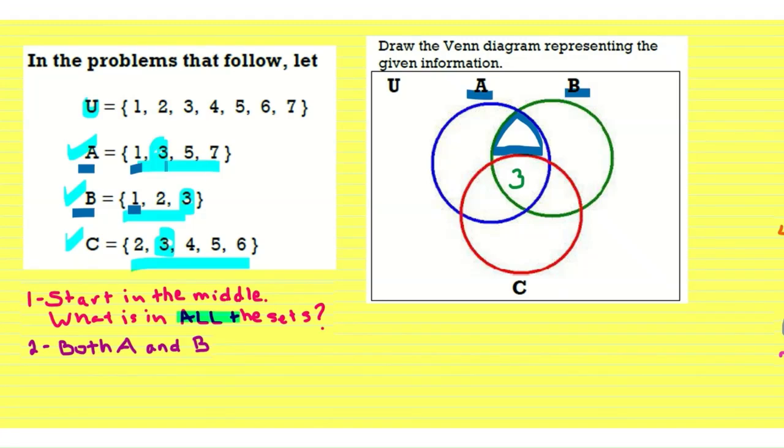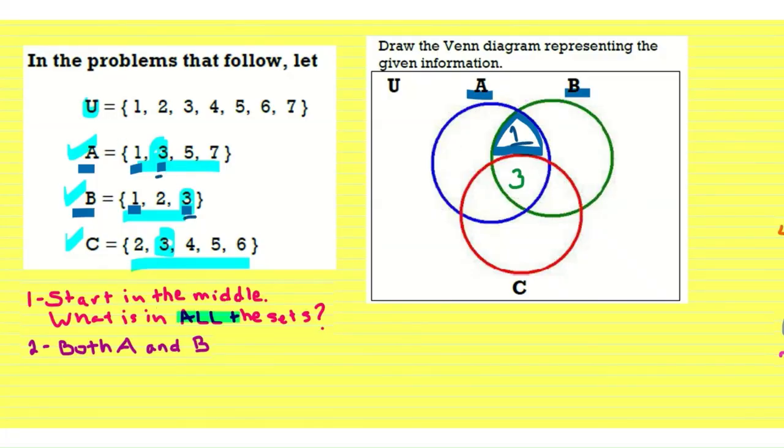And do I have a 2? Nope. I have a 3. Yes, and 5 and 7 are not. However, we've already accounted for the 3, because that went in the middle. So the only thing that we have to put in this space that is A and B is the number 1, because 3 was already accounted for in the middle.